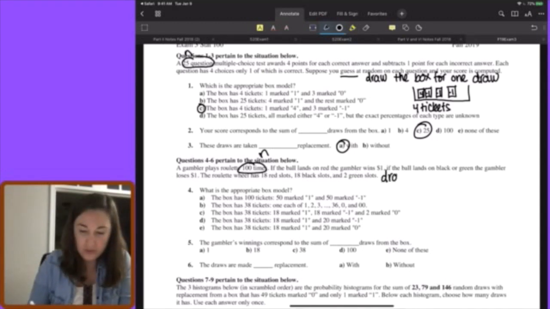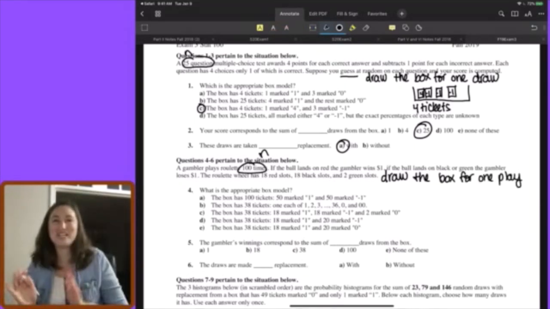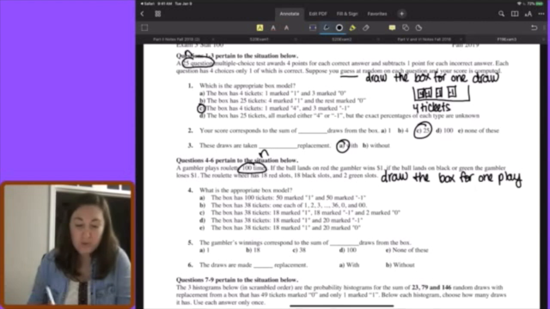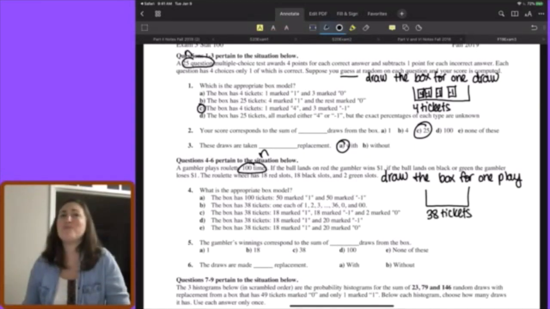So I'm going to draw the box for, in this case, 1 play, 1 draw, same thing, 1 spin of the wheel. For the roulette wheel, when I spin it once, there are 38 options. So there's going to be 38 tickets. If it's a standard game of roulette, there's always 38 tickets.